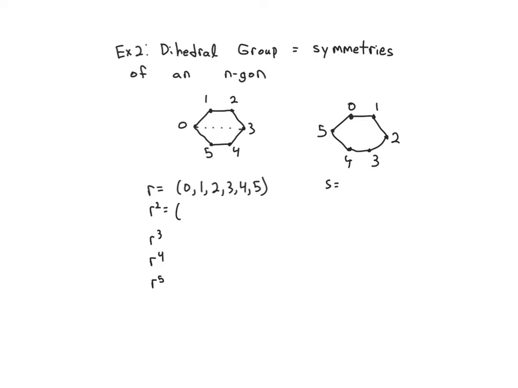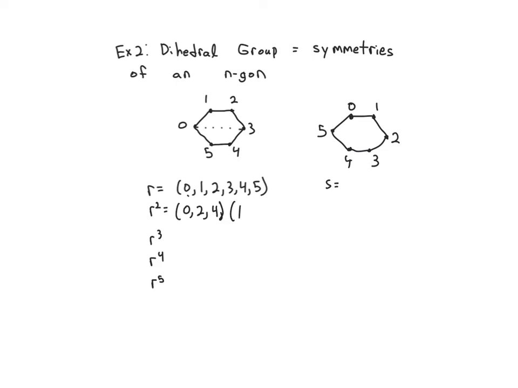And so then what is r squared? Well, skip counting by 2, 0 goes to 2. 2 to the right from 2 is 4. 2 to the right from 4 is back to 0. That isn't everything, so we close off that cycle.